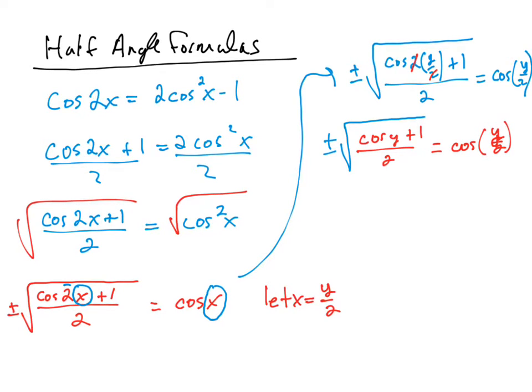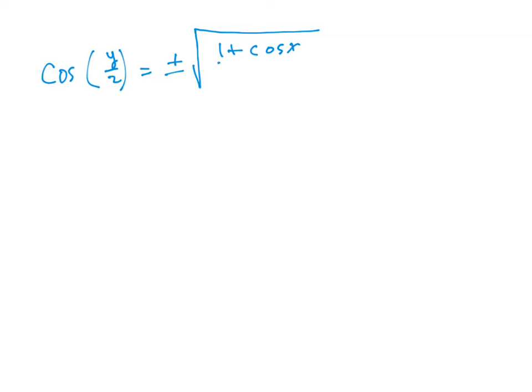And usually how this is written, I'll go to a new page here, will be cosine of y over 2 is equal to plus or minus square root. I'm just going to flip the numerator, 1 plus cosine of x all over 2.